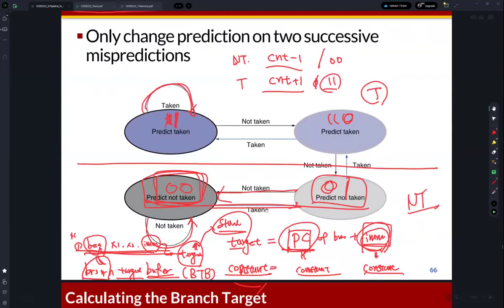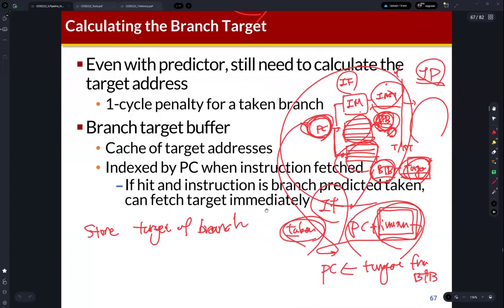And the branch predictor is in the instruction fetch stage. So using the PC, the program counter, we can identify branch instructions, and then we can access the branch prediction buffer, right? By accessing the branch prediction buffer, we can predict the future result of this branch instruction.